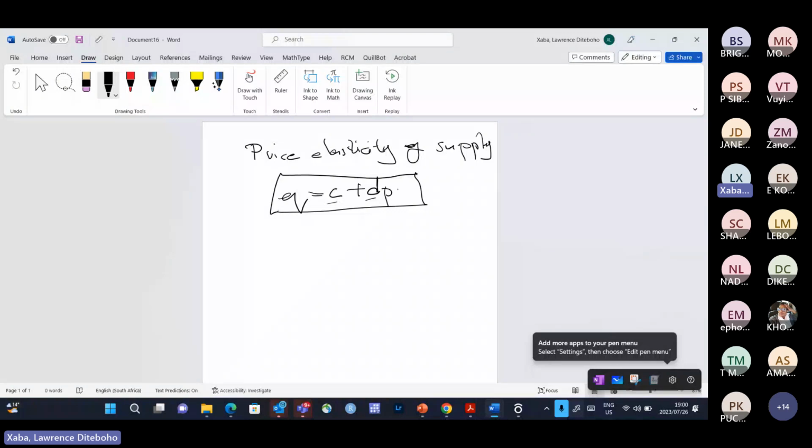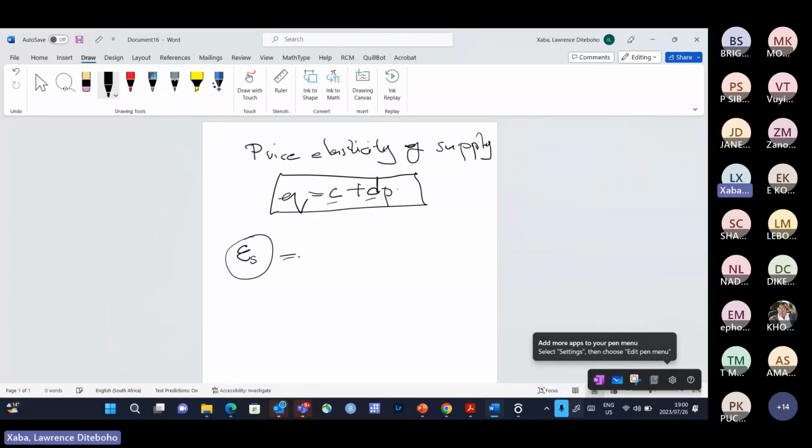So from this, we have to come up with the equation, or you can say the slope, of the elasticity. This time it is denoted by subscript S, because we are calculating elasticity of supply. Where we said elasticity of demand, we used subscript D. So this time it's S, because we're talking about supply.